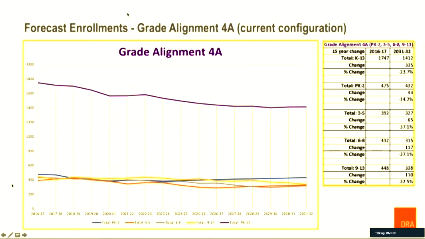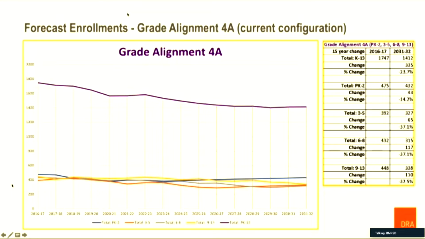And what we're looking to see here is the least amount of change from the left side of the grid to the right side in each one of those mostly horizontal lines, because that represents the size of the school. So the closer we are right to left, the less chance you have of ending up with a school like you have here that's about 2/3 used or 1/2 used.